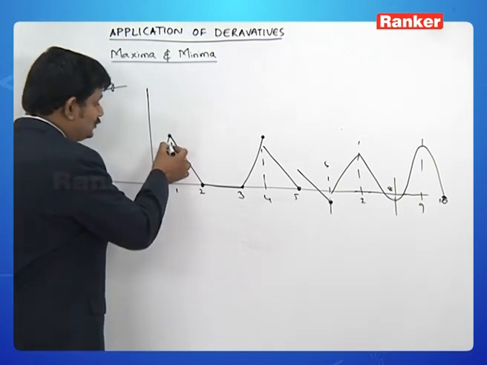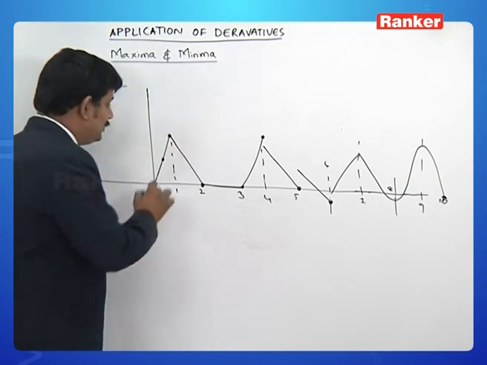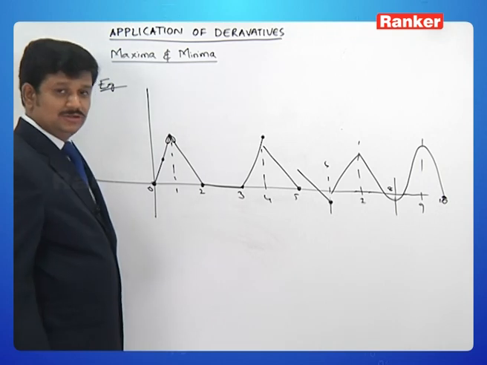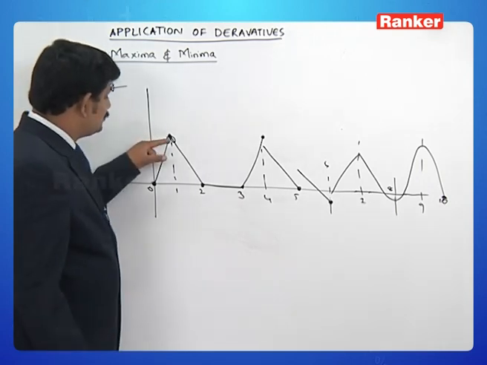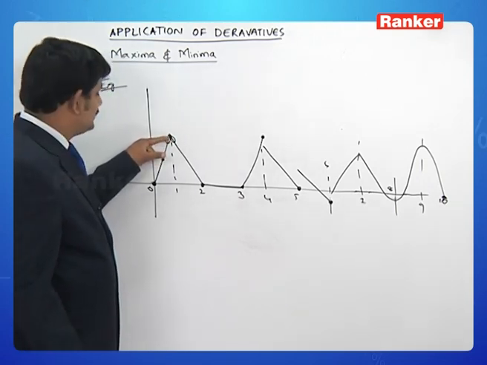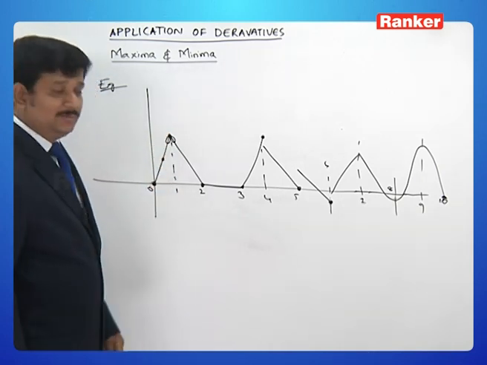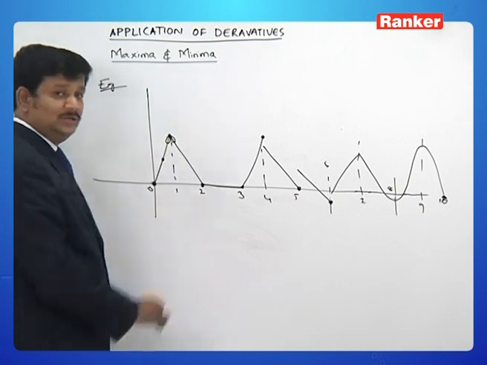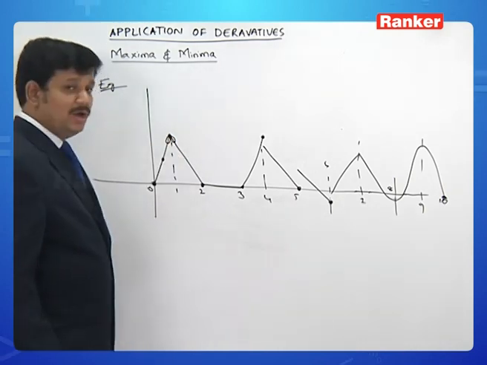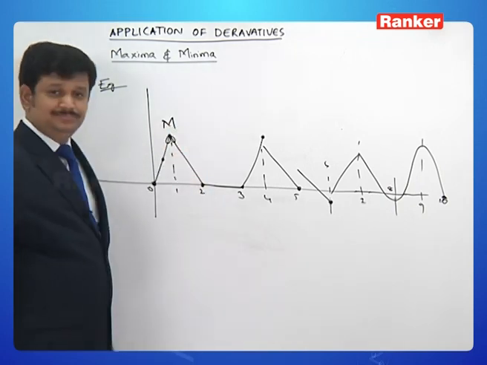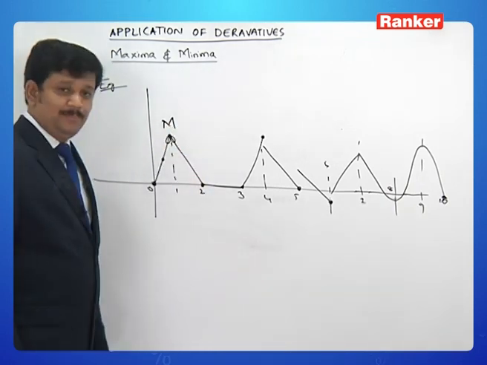F of x values are smaller than f of x naught both in the left neighborhood as well as in the right neighborhood, that is in the entire deleted neighborhood. So, this qualifies to be a local maxima. This point 1 is a local maxima.